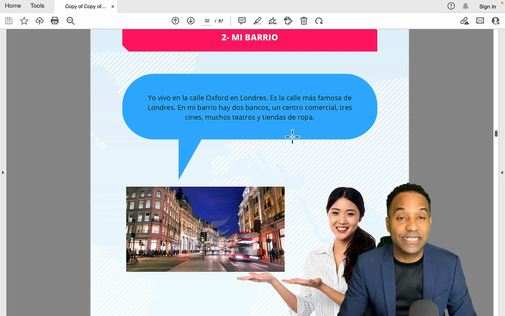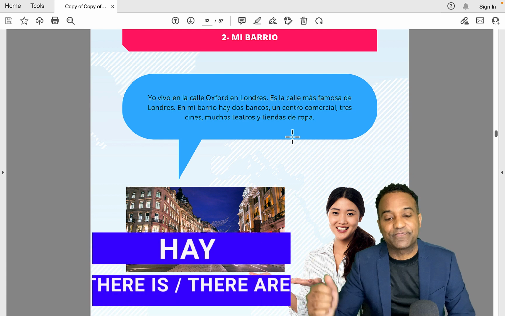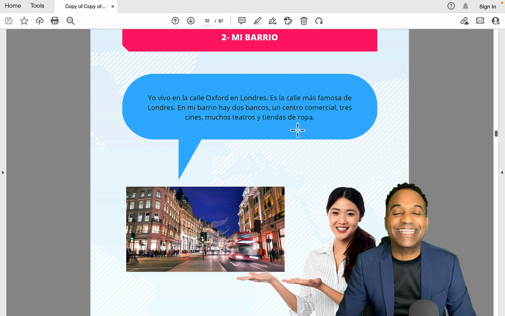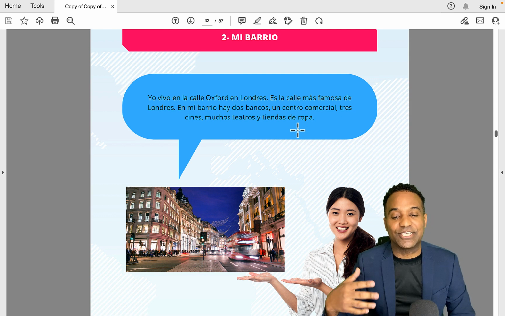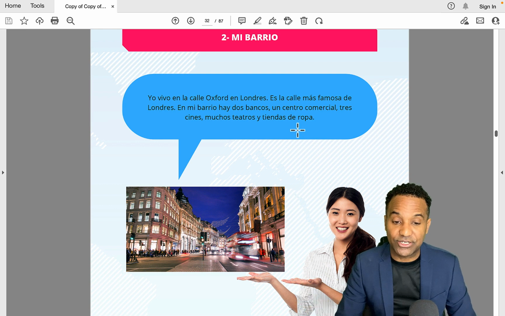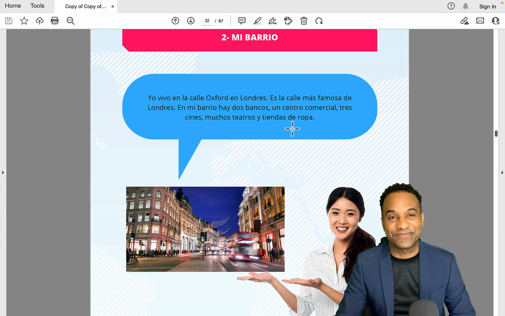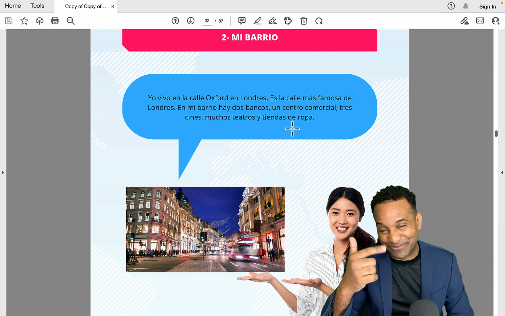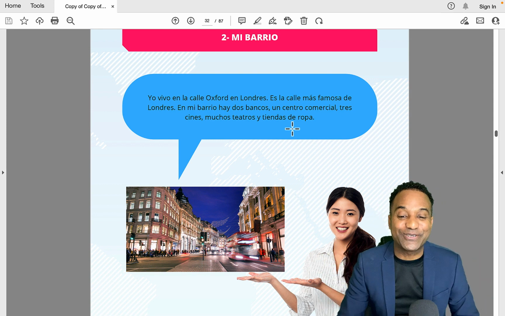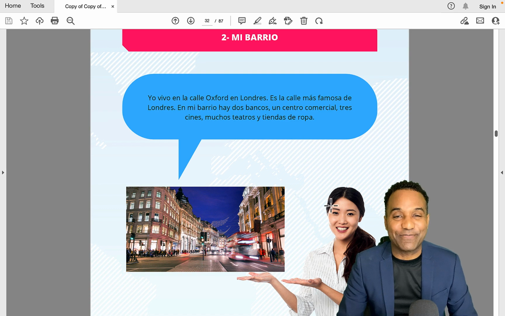Remember, hay means there is or there are. Un centro comercial, 3 cines, muchos teatros y tiendas de ropa. So, a shopping center, 3 cinemas, many theaters, and shops for clothes. Okay? Many shops. I know you love shopping, guys. Muy bien, perfecto. So that's the description for her neighborhood.